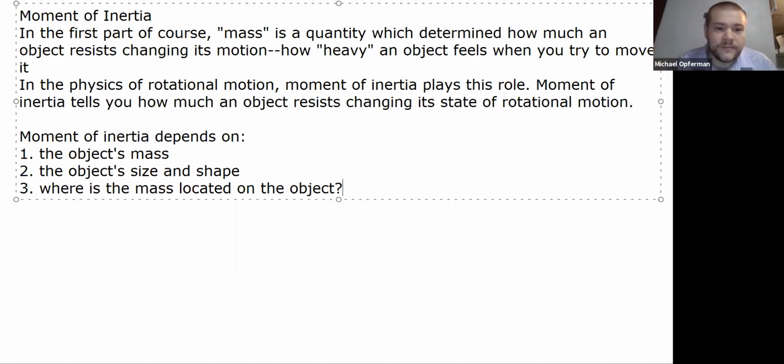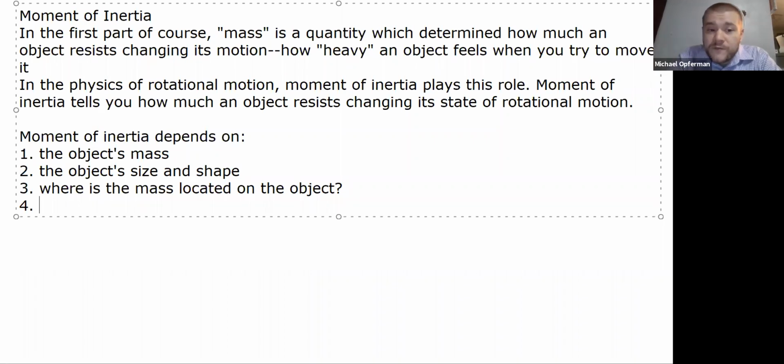And most confusing of all, you have to know where the axis of rotation is, the center of the rotation. This one is confusing, but it's also one of the easiest ones to demonstrate.